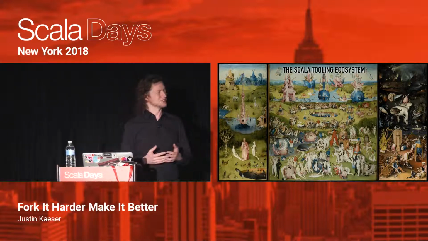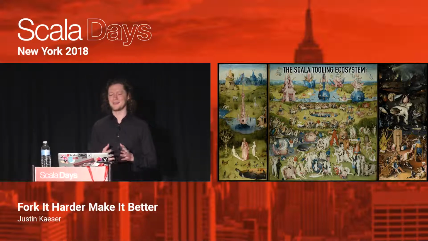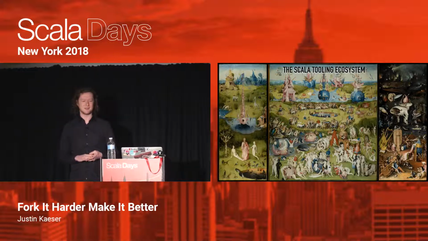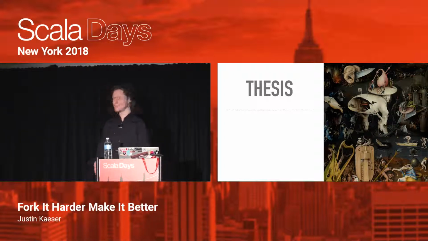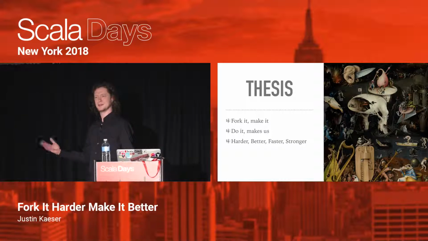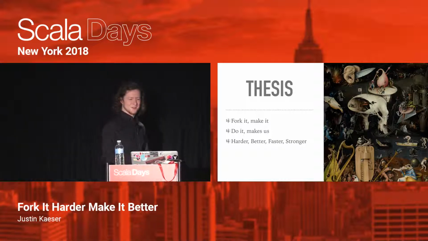The talk is structured as a kind of Hegelian dialectic with thesis, antithesis, synthesis, and as you see, illustrated by Hieronymus Bosch and with lyrics by Daft Punk. So the lyrics: fork it, make it, do it, makes us harder, better, faster, stronger. Right.